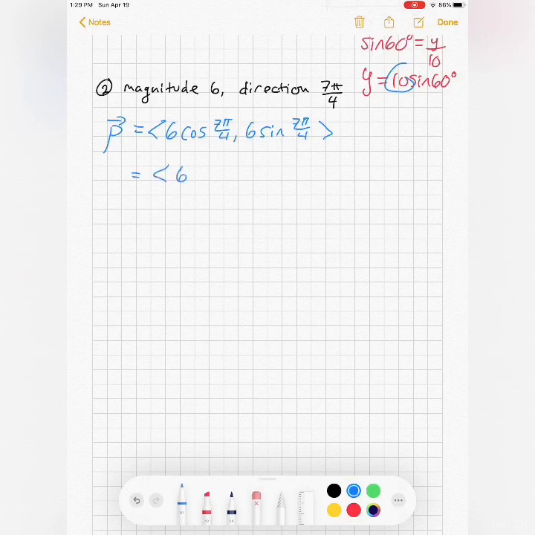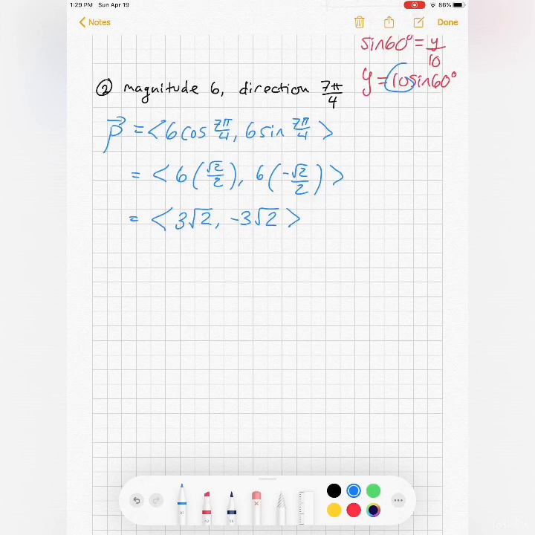So, what is that? Root 2 over 2? And negative root 2 over 2? Look like so. And so again, if I wanted to, or if I was asked to, I could write that instead in terms of the vectors i and j. That just depends on the instructions.